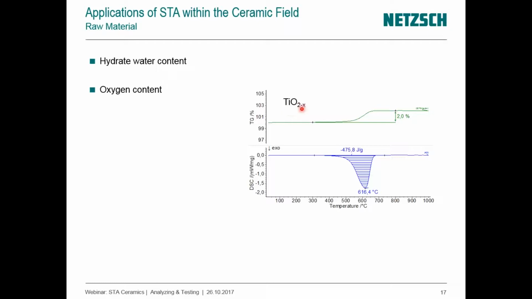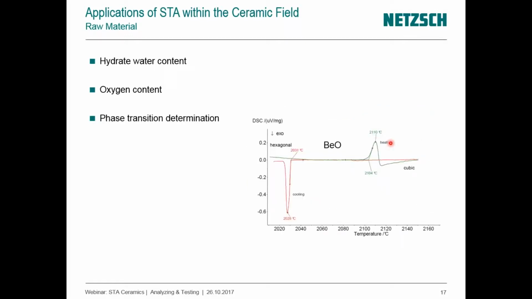But you can also look for the oxygen content. So for instance, if you're facing materials like titanium dioxide, then you may be aware of the fact that titanium dioxide is not typically, or cannot typically be TiO2. Normally you would face sometimes so-called oxygen deficit phases, which have less than the 2 oxygen inside of their structure.